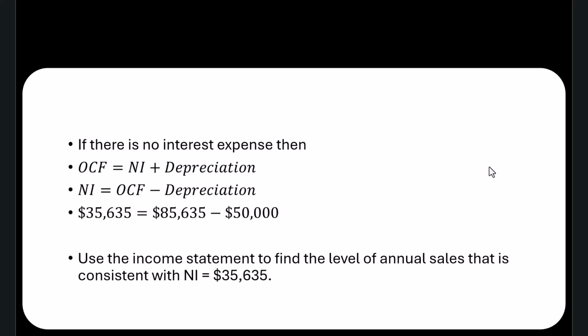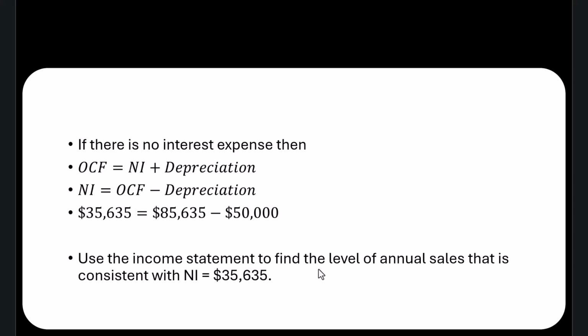If there's no interest expense, then we know that operating cash flow equals net income plus depreciation. Solving for net income, we get net income equals operating cash flow minus depreciation. So if we do that, we get that the net income we need is 35,635.